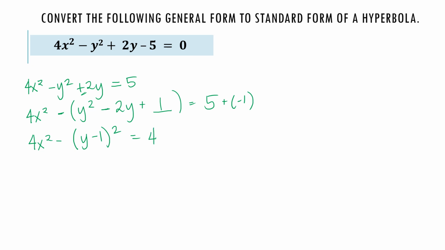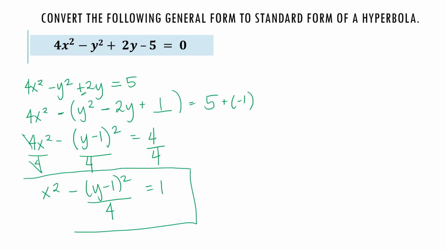Now, kung matatandaan ninyo, ang hyperbola ay equals 1. So, kailangan maging 1 yung ating right side. So, we have to divide everything by 4. We have x^2 - (y - 1)^2/4 = 1. So, this is the standard form.